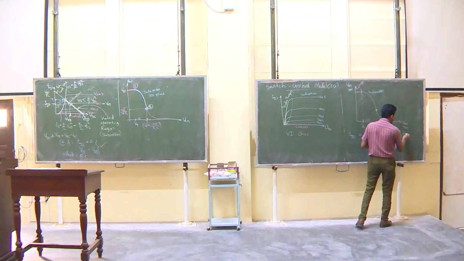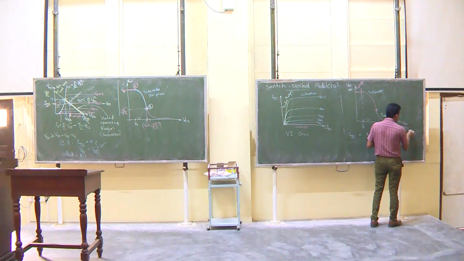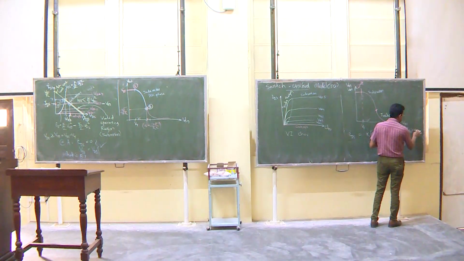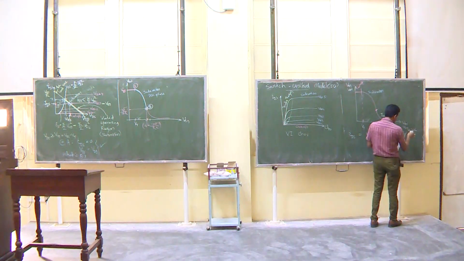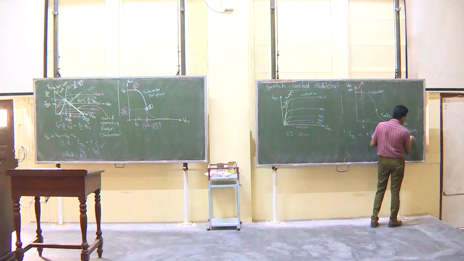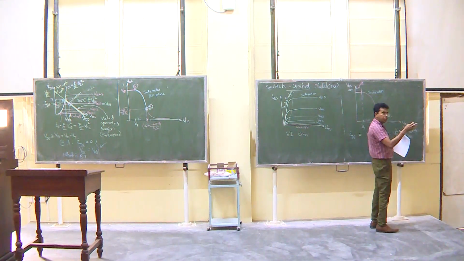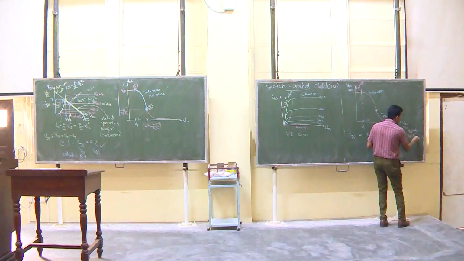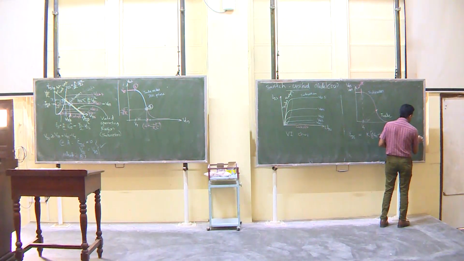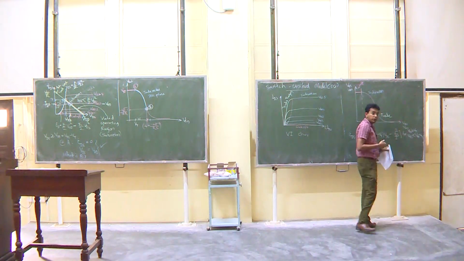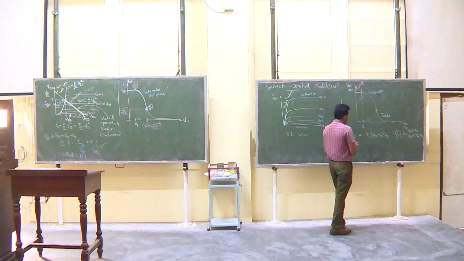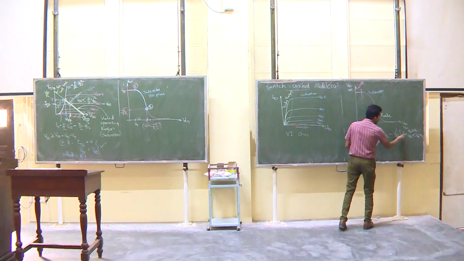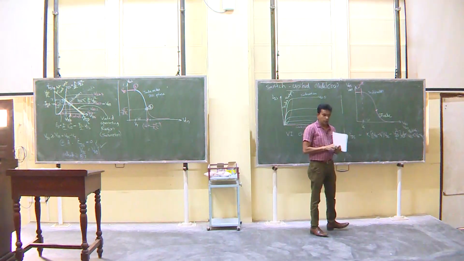This is for VGS greater than or equal to Vt, in order to ensure that it is not in cutoff, and also VDS not in saturation, meaning VDS is less than VGS minus Vt, the overdrive voltage. This is equation number 1.